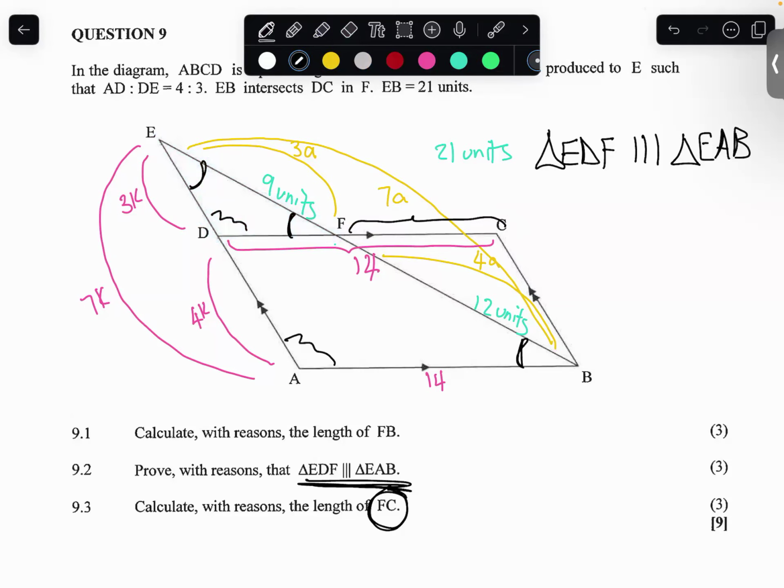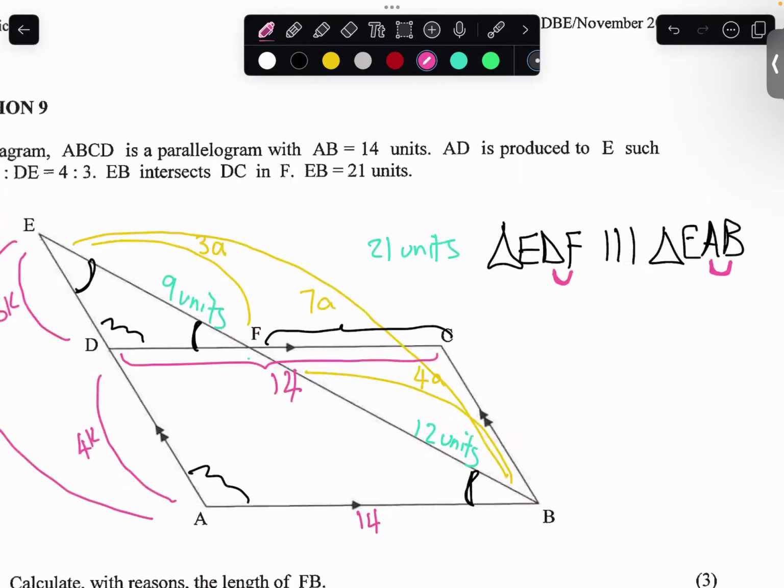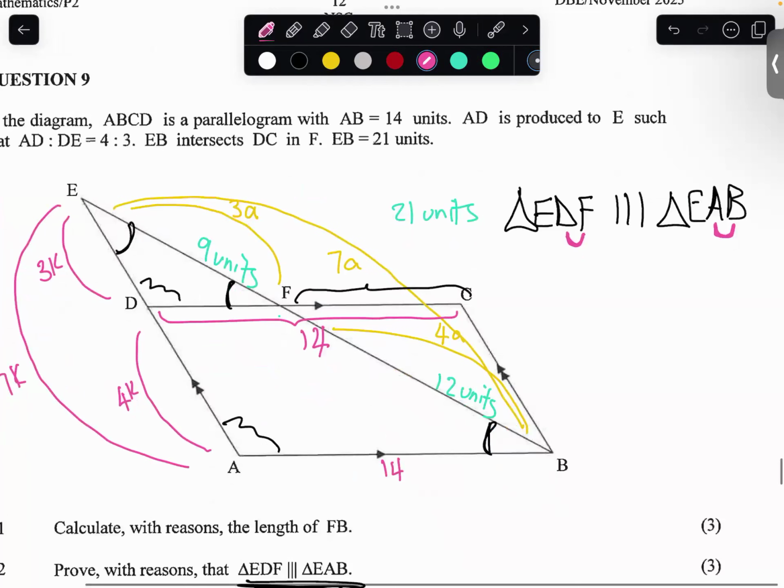And so when I look at my similarity, I'm going to arc FD. It's these two. And so when I arc here, it has to also be the last two. I don't have a choice there. And then I'm going to look for a side that I have in this triangle, and the side that I have is EB. I know that it's 21.